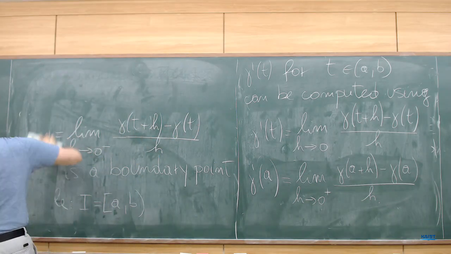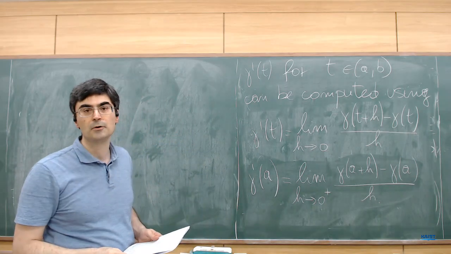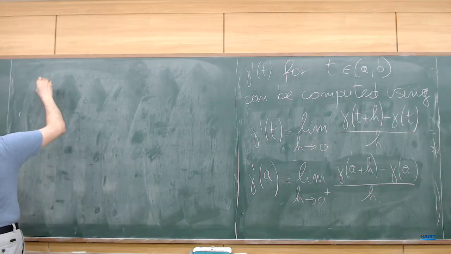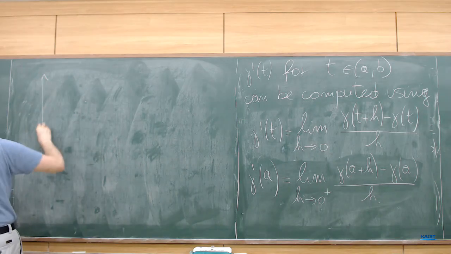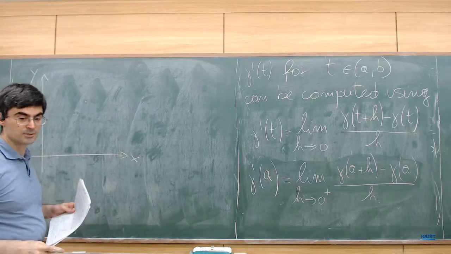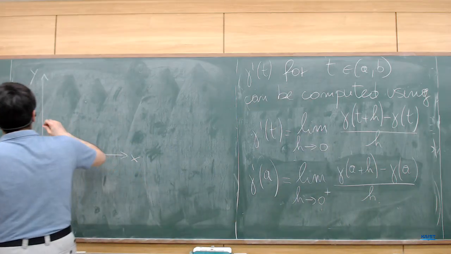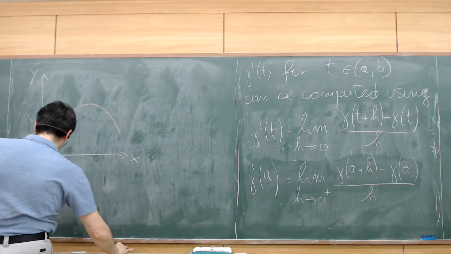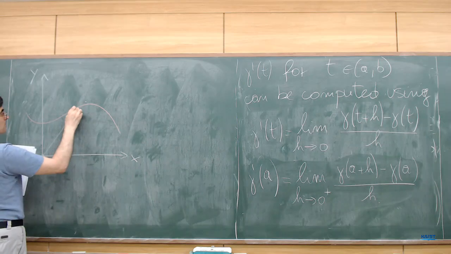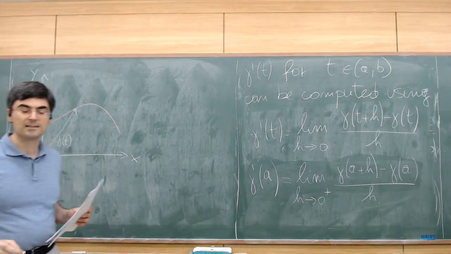Now let's give the geometric interpretation of the derivative of a curve. And let's make a picture. So we consider the simple example of a plane curve. For example, this one. And let's suppose that the position vector at time t is this one, and the position vector at time t plus h is this one.